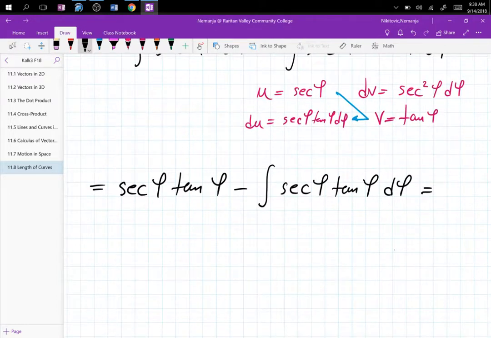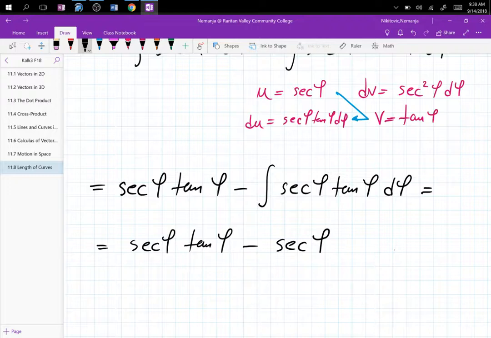Now what's the integral of secant tangent? Secant, very good. So this is secant phi tangent phi minus secant phi, and we are not going to say plus c because we had limits.